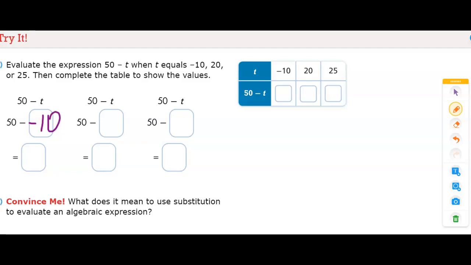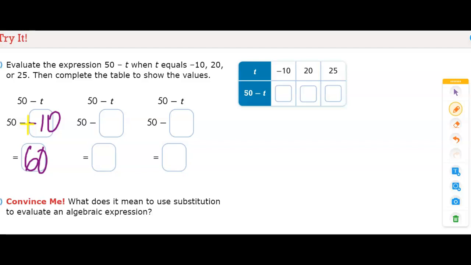And as I've shown you before, I'm just going to use another color to show this. When you have a minus and a negative, you just turn it into a plus. And now you have 50 plus 10. And so 50 plus 10 will give us 60. And now we move on to the next value here.